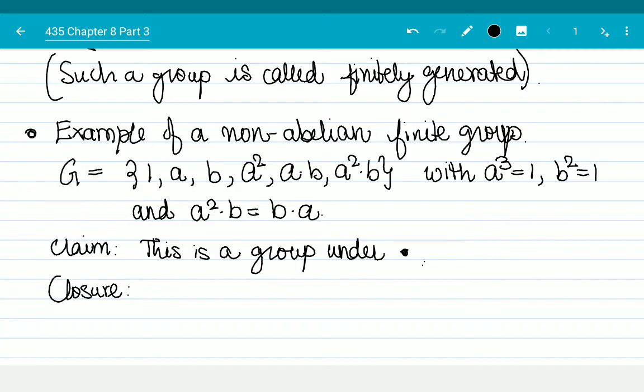I am going to show how you multiply by a and b from the left. For everything else, you can extrapolate from it. a times a is equal to a squared. a times b is equal to ab.